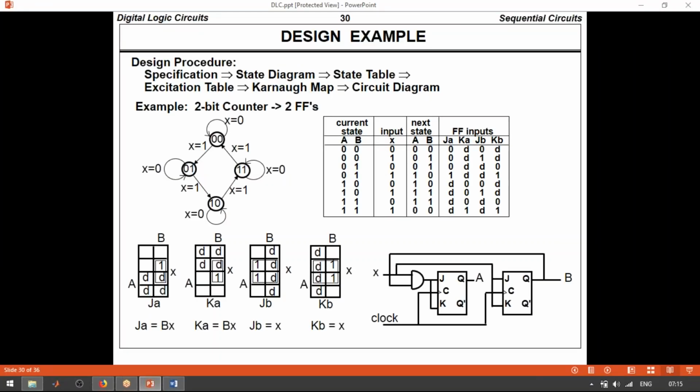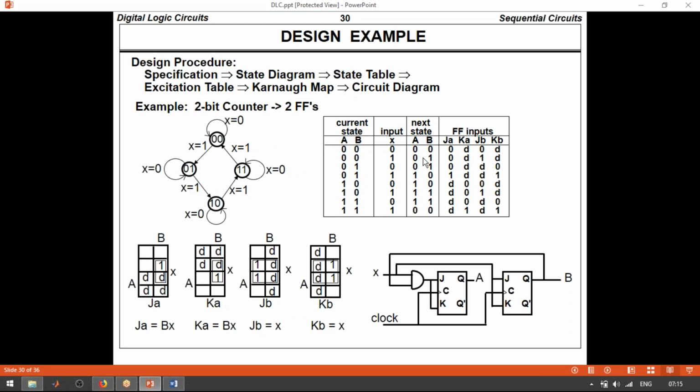So one input is 0 and one input is D. You have to compare the current state and the next state, and by that we are defining our input. That's why it is the excitation table.